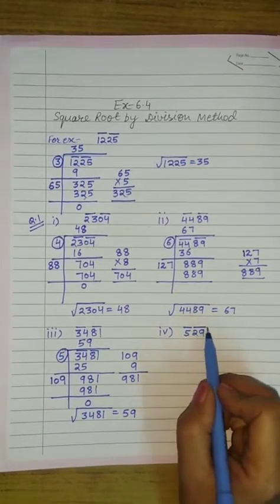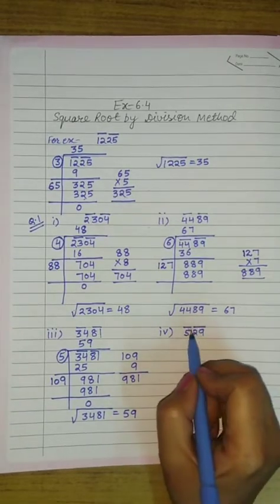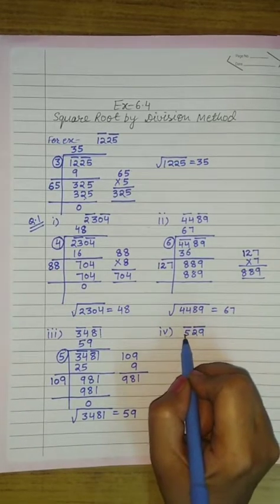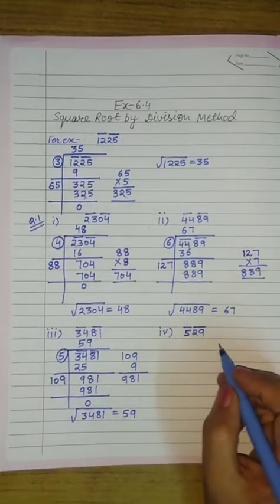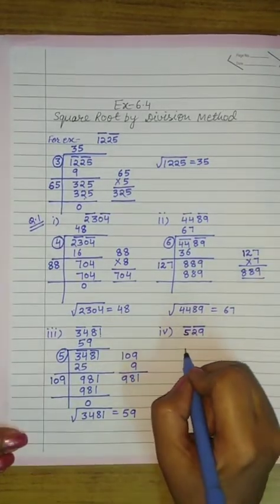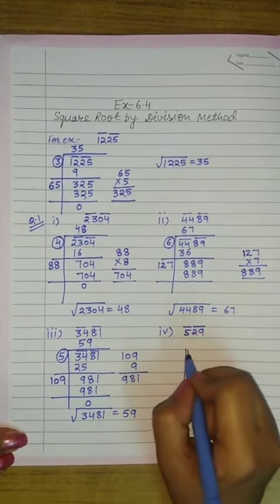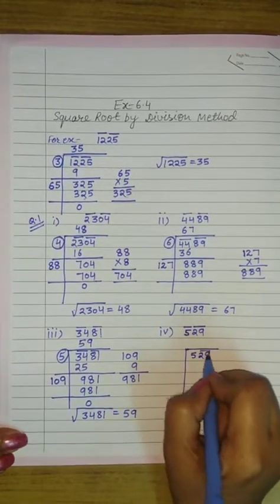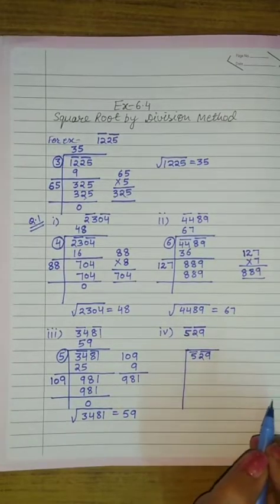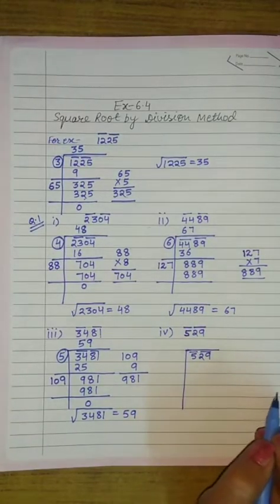So 1 bar is on 29 and the next bar will be on the number which is left, even though it is single. So we again have 2 bars in this number. So we are finding the square root of 529 by the long division method.